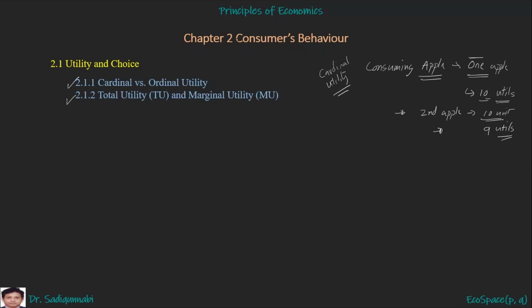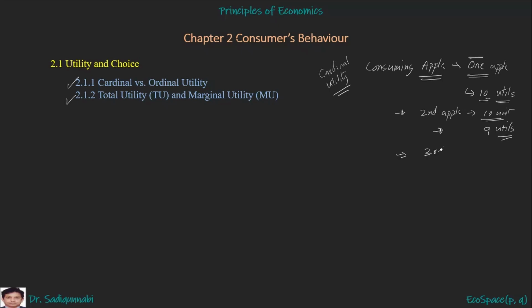Maybe you can get 15 utils. Maybe the third glass, you can get 10 utils, because your thirst is already done. Your satisfaction level is already covered. So utility is going down and down and down. Okay, sir. Clear.